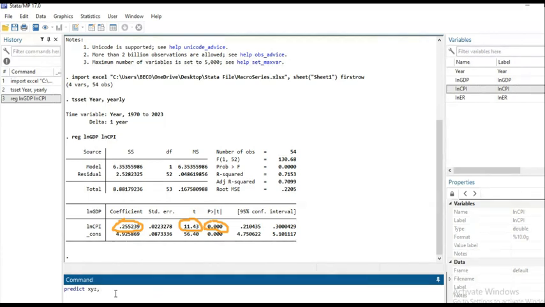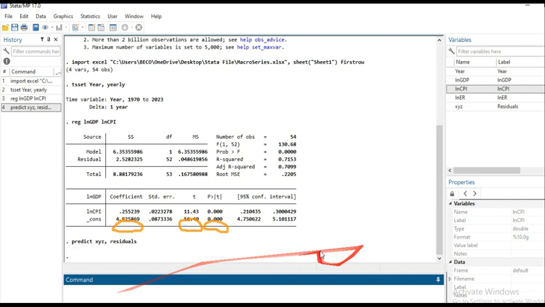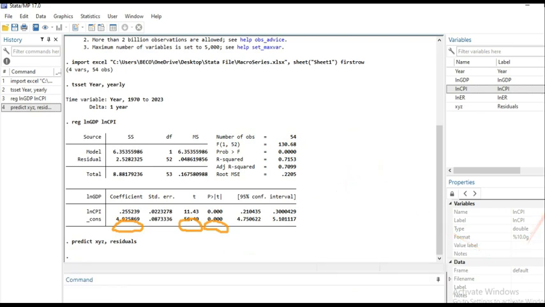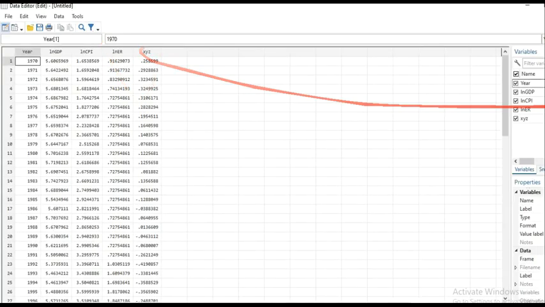Predict XYZ, residuals of this model. Now residuals are predicted, and under the variables window you will see a new variable, XYZ, extracted from the long-run model. You'll also see the same variable by browsing the data editor. Here you have it, XYZ is here.